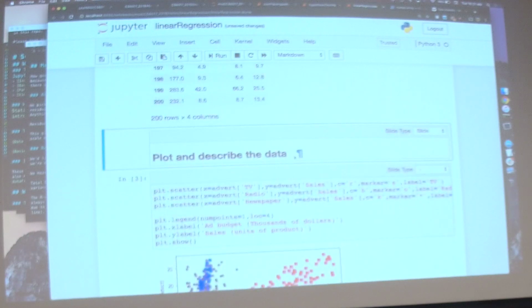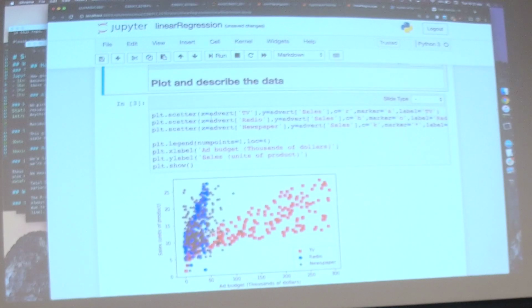So the first thing we might want to do is just try to plot it and figure out what's going on. So we're in kind of the exploratory phase. So we'll scatter plot each of TV, radio, newspaper versus sales.